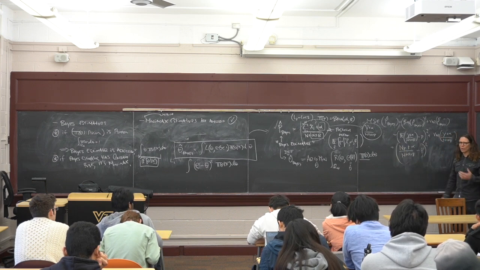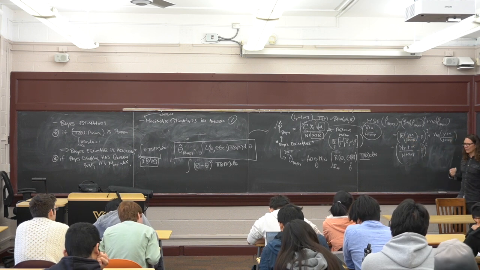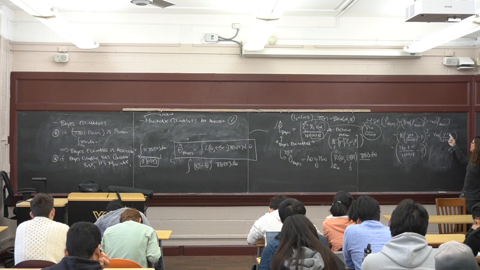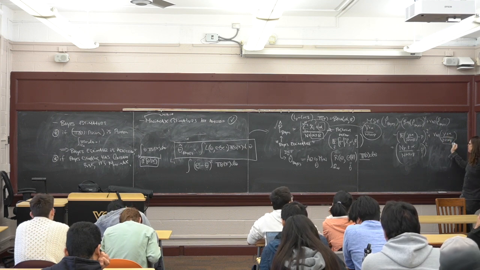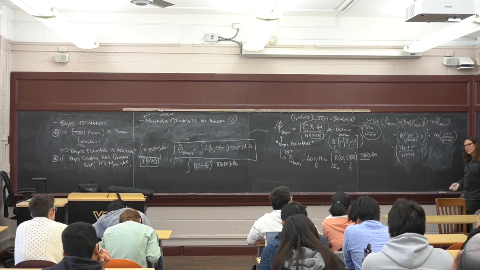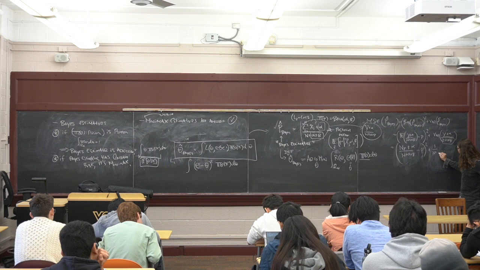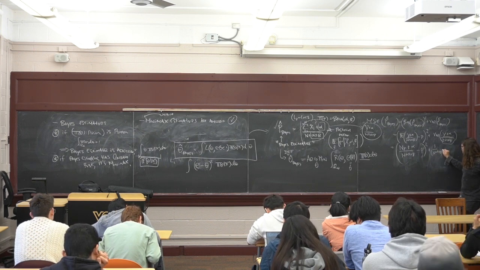No calculus required. This expectation that I took was an integral, or it was a sum. We didn't have to think too heavily about that. Same thing happens with the variance. If I shift everything, it doesn't do anything. I've got this scaling factor, it comes out, and it gets squared. So this is going to look like 1 over n plus alpha plus beta squared.